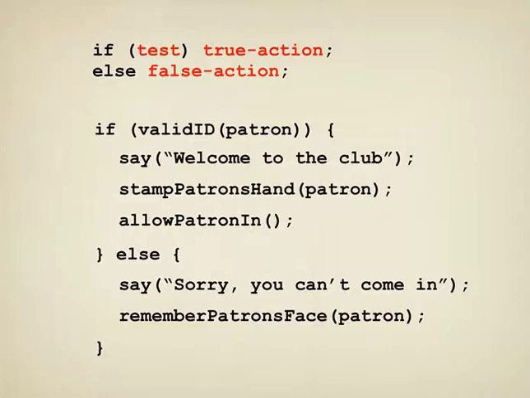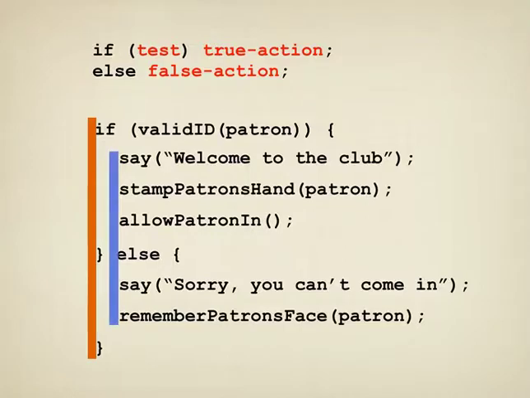So notice that each of the blocks begins and ends with a curly brace. And each line inside ends with a semicolon because it's a statement. This kind of thing you see all the time. And this is the way to type it. The line with the if statement, the line with the else, and the closed curly brace all line up. And then the contents also all line up by one tab stop.